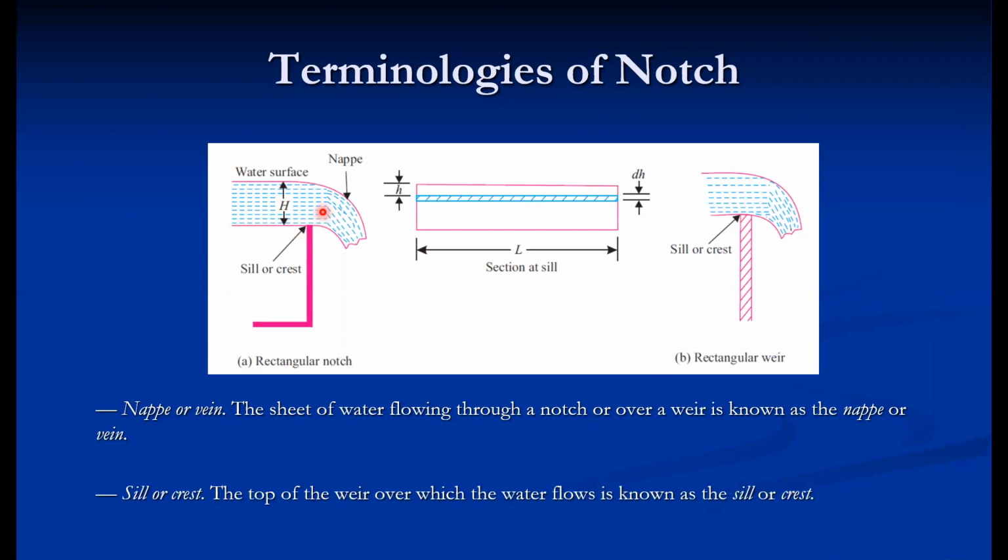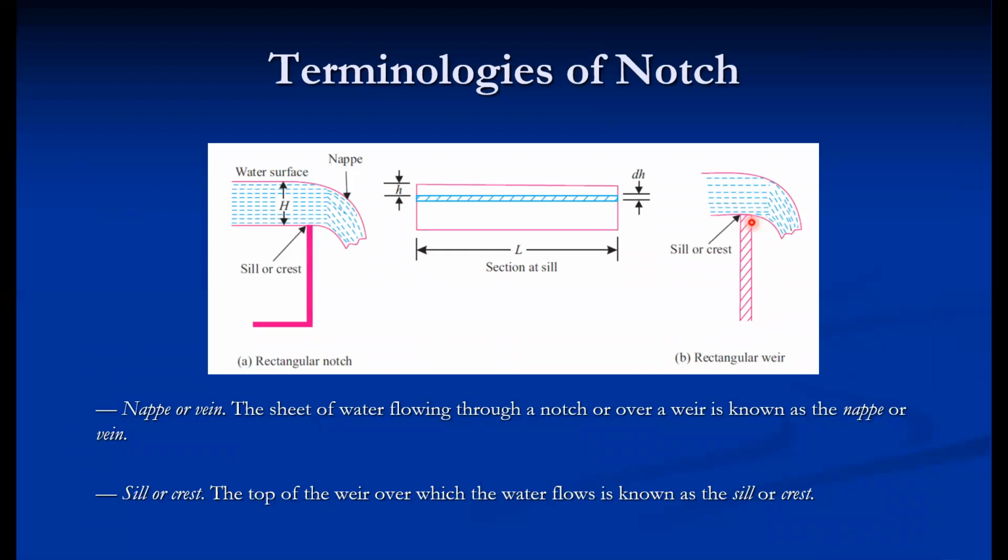Or the top of the weir over which the water flows is known as the sill or crest. So this is the water level, and this is called the sill or crest, over which the water flows.